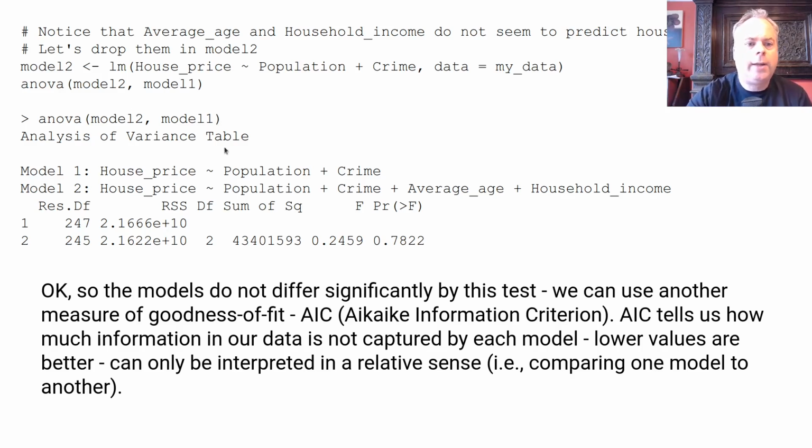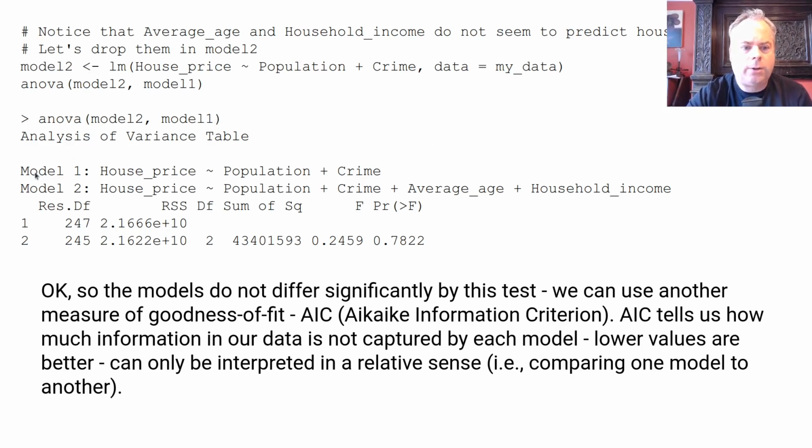So we're going to create a new model now. I'm going to call it Model 2, using the linear model function, where we now just have house prices predicted by population and crime numbers. This is a simpler model. And we're going to compare this model with two predictors to our Model 1, which had 4 predictors. Okay? So we can look down here.